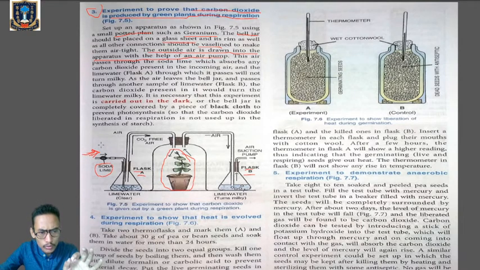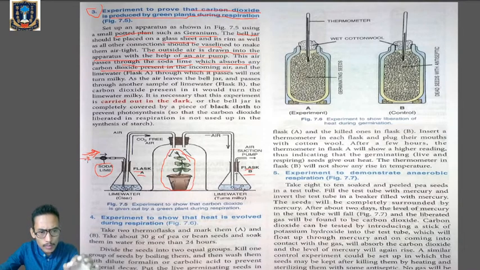This air will pass through the soda lime, and the soda lime will absorb the carbon dioxide. Function of soda lime: it will absorb any carbon dioxide present in the incoming air.